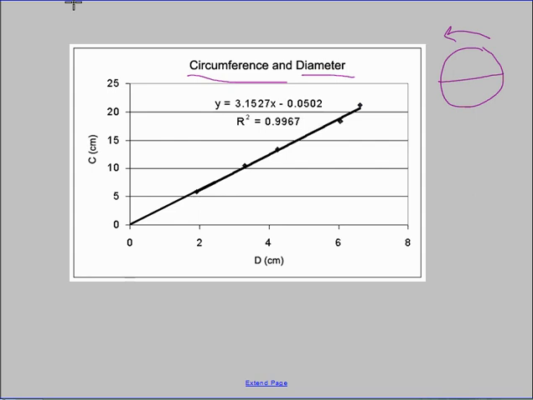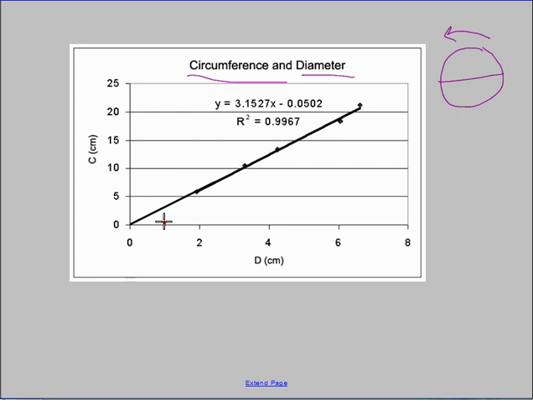Now, if I go here and I try and find the unit rate on this graph, I want to show you something really cool that happens. I don't have 1 marked on this graph, but I do have 2 marked. So I can figure out that 1 is probably right about there, halfway between my 0 and my 2.